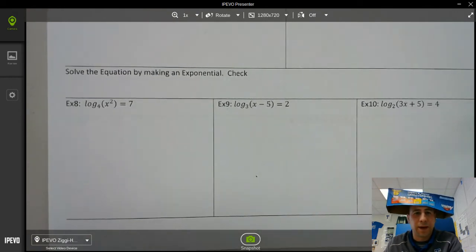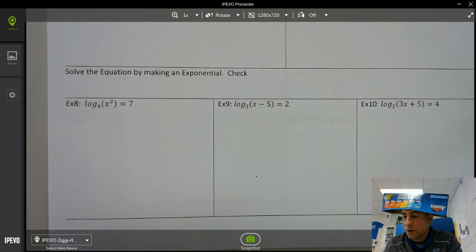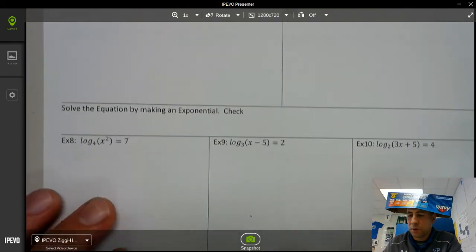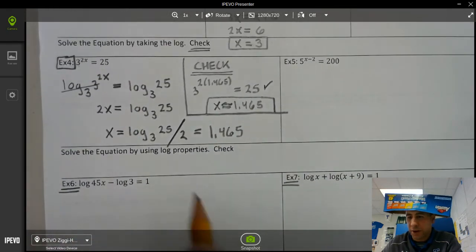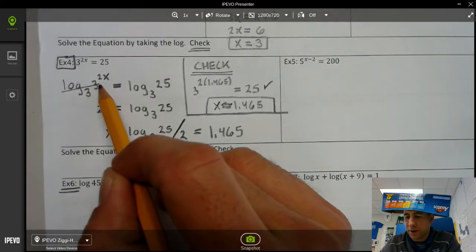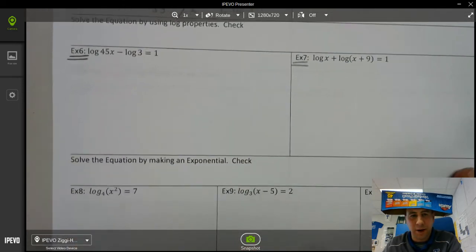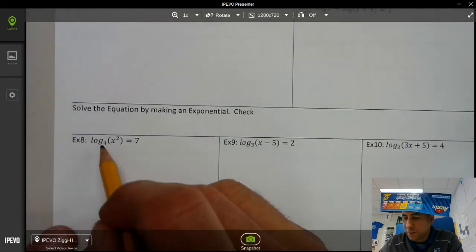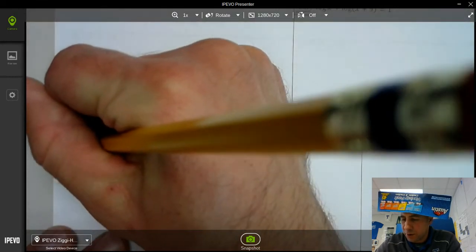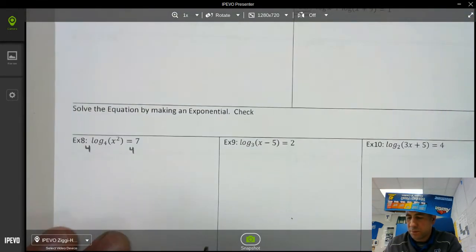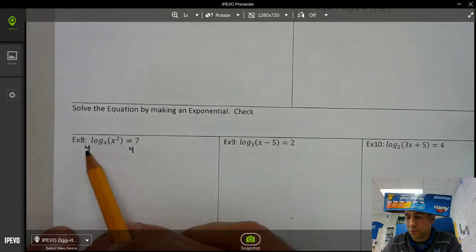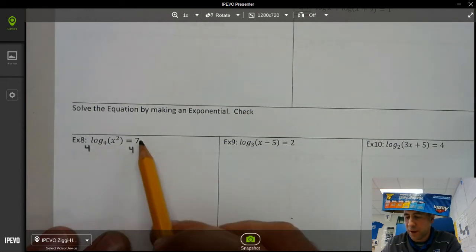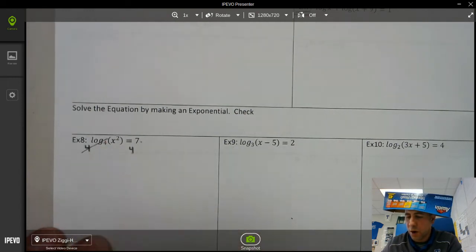All right, examples 8, 9, and 10. Solve the equation by making an exponential, okay? So going back to when we took the log of both sides, the bases are the same, these become 1. We're going to use that same concept in that since the base of the log is 4, if we raise both sides by base of 4, so we're basically saying 4 to this, 4 to that, then this will become 1.